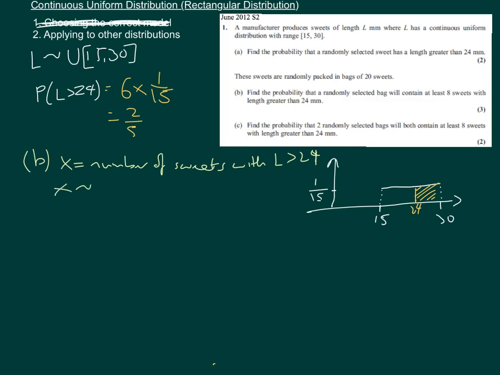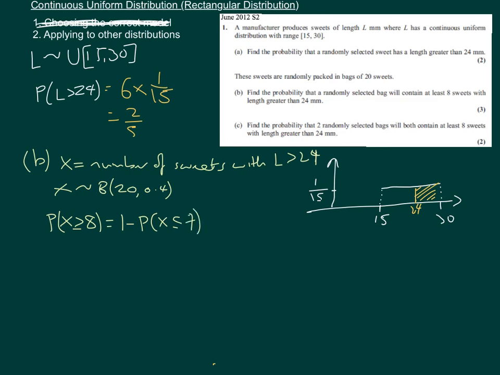And x has a binomial distribution of 20, and the probability is 2 over 5, which is 0.4. We're asked to find the probability that x has at least 8 sweets. So x is greater than or equal to 8, which is the same as 1 minus the probability that x is less than or equal to 7.